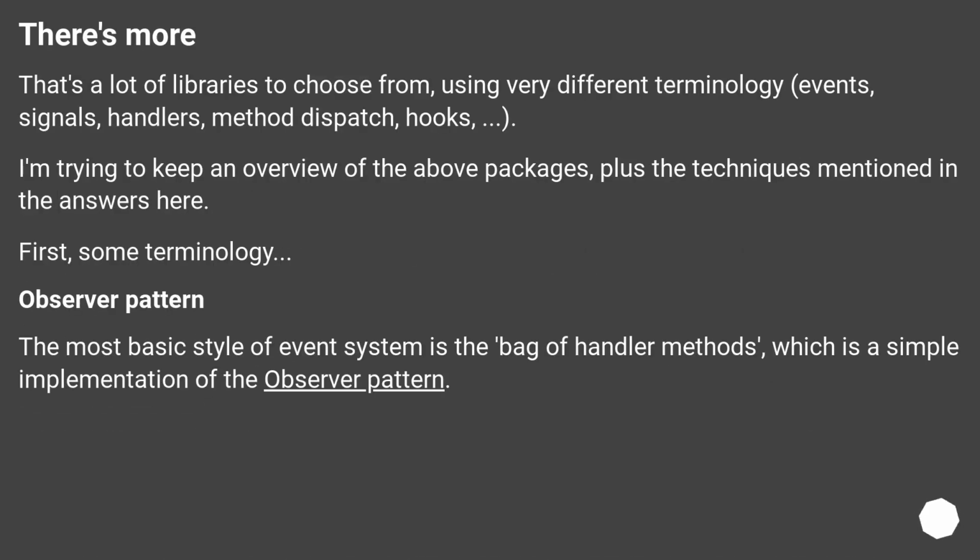There's more. That's a lot of libraries to choose from, using very different terminology: events, signals, handlers, method dispatch, hooks. I'm trying to keep an overview of the above packages, plus the techniques mentioned in the answers here.